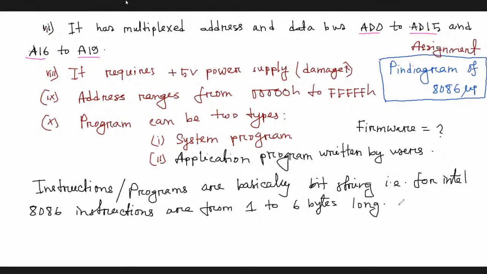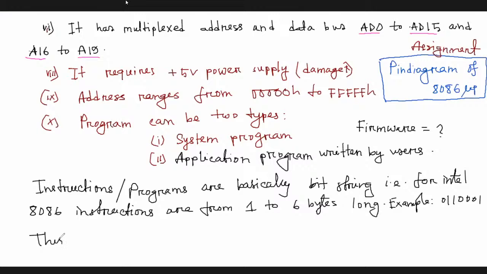And what does this kind of instruction look like? If you want an example, it is nothing but a combination of zeros and ones. These languages of zeros and ones are called machine language or opcode.